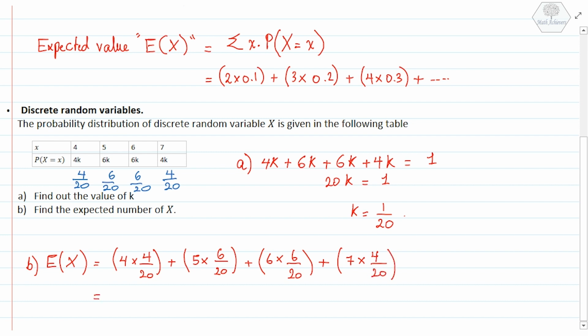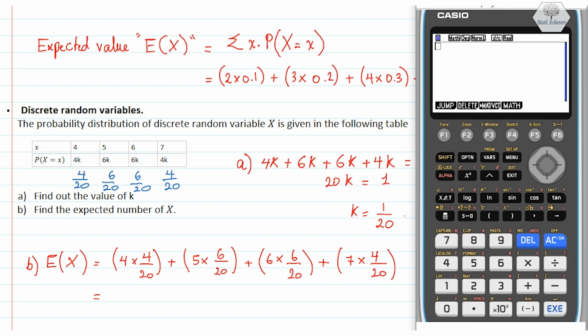So this is equal to, I need to use my graphical display calculator now.